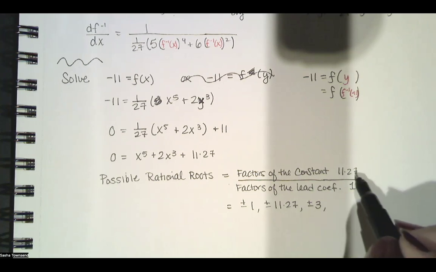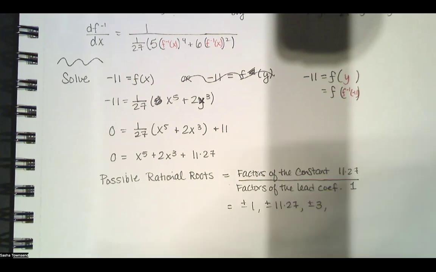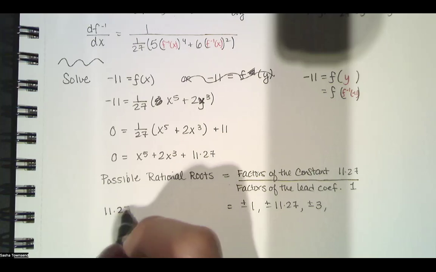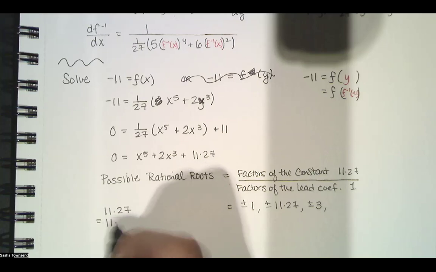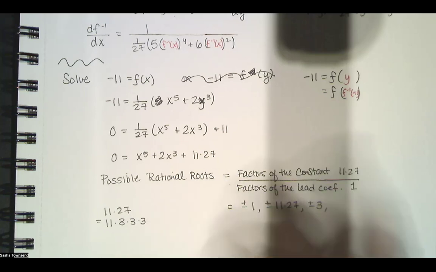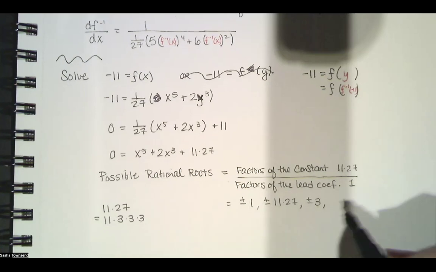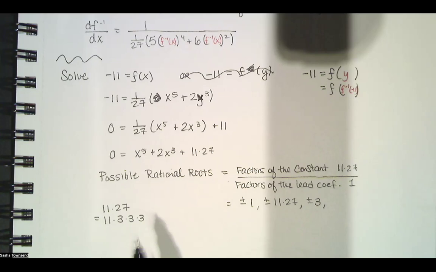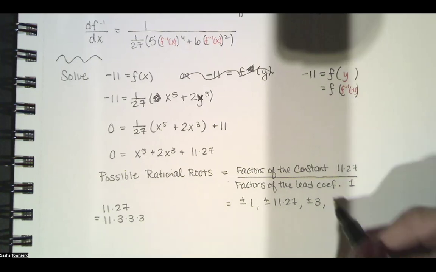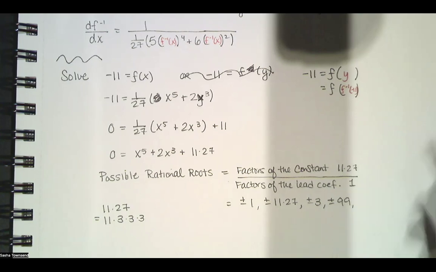And then you'd have, well, 27 is, actually, let's factor that. We've got 11 times 27, which is 11 times 3 times 3 times 3. So I could have plus or minus 3 times, well, if I get rid of the 3, 11 times 9. So plus or minus 99.